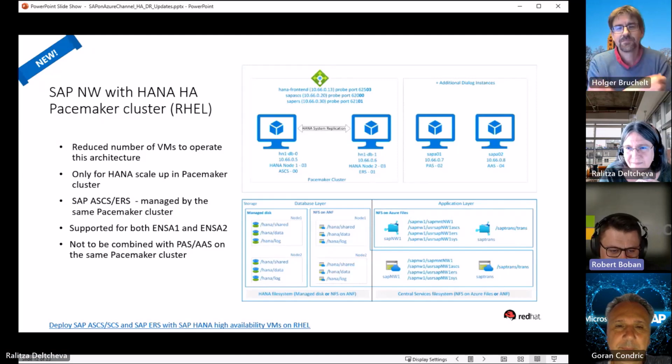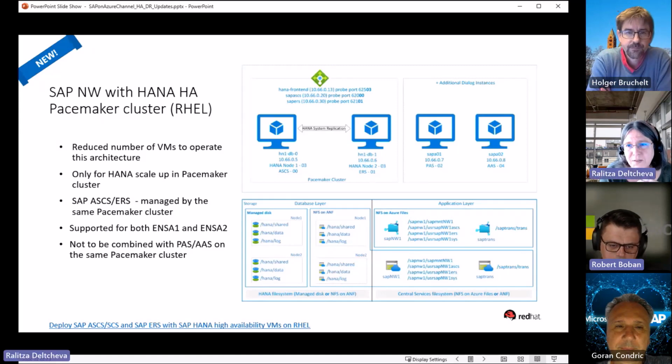So the customer needs to be careful how to approach this solution. Because I mean, you have more flexibility. I like to have application servers out because they're anyhow redundant, and you have much more control. But okay, if the customer wants to save money, this is a way to go.